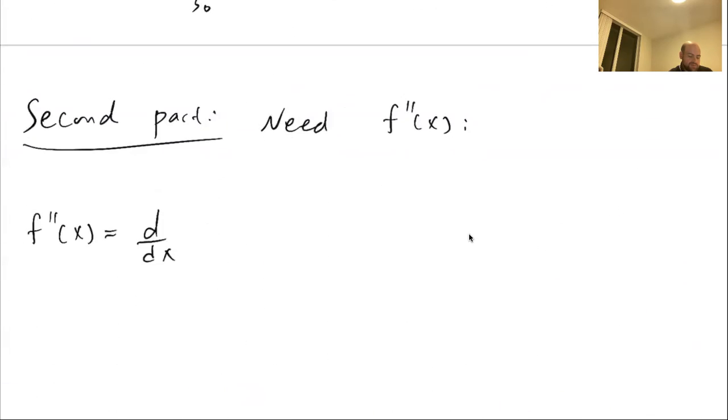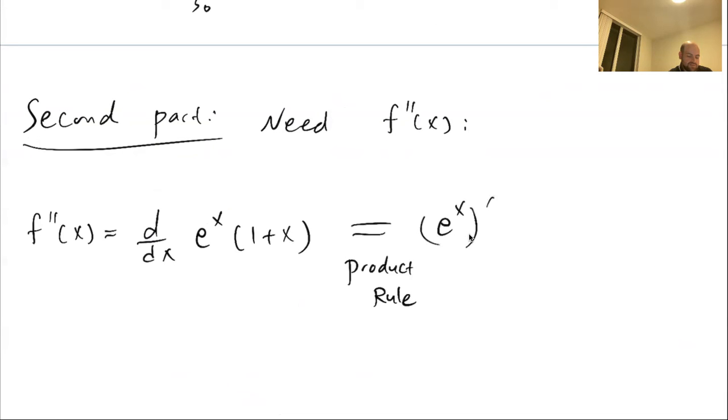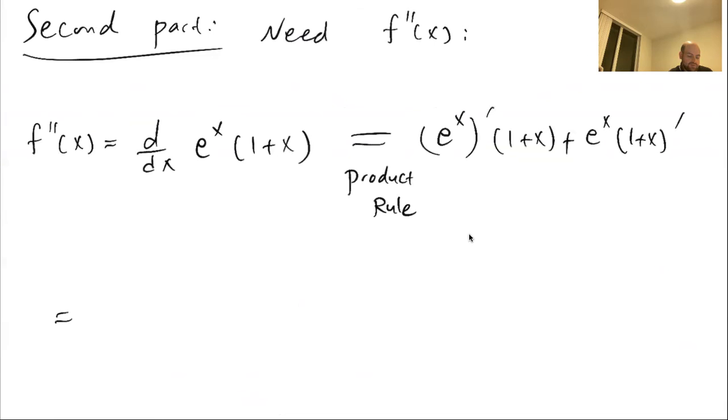So derivative of e to the x times 1 plus x. Again, I have to use product rule. So that gives e to the x derivative times 1 plus x plus e to the x times 1 plus x derivative. So that's going to be e to the x times 1 plus x. Derivative of 1 plus x is 1, so plus e to the x.